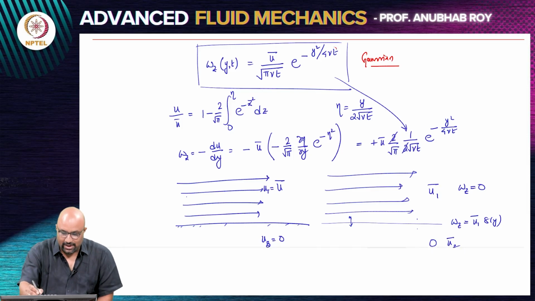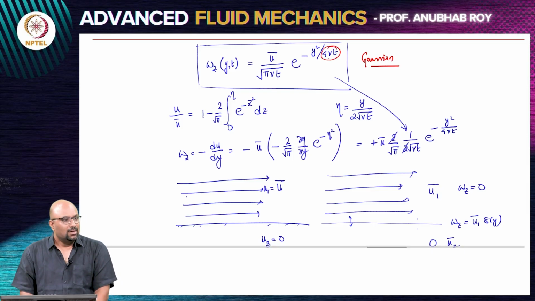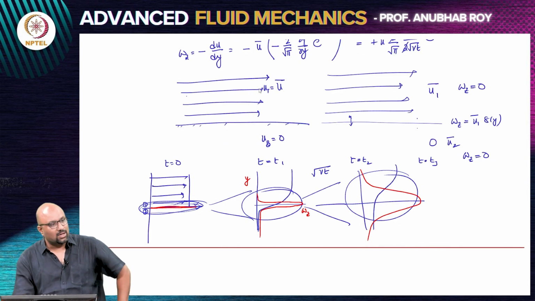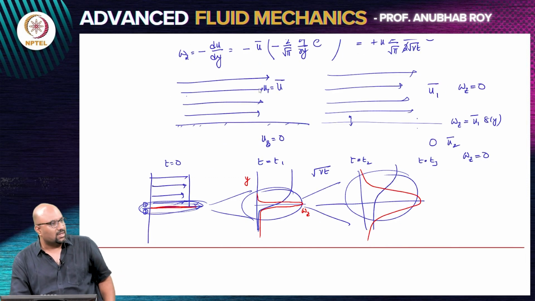So it exactly spreads in that manner. You can see. So for a Gaussian function, that is the width of the Gaussian. So the width of the Gaussian is basically increasing as square root nu t. So that picture, whether you think in terms of momentum transport or vorticity transport, is one and the same.